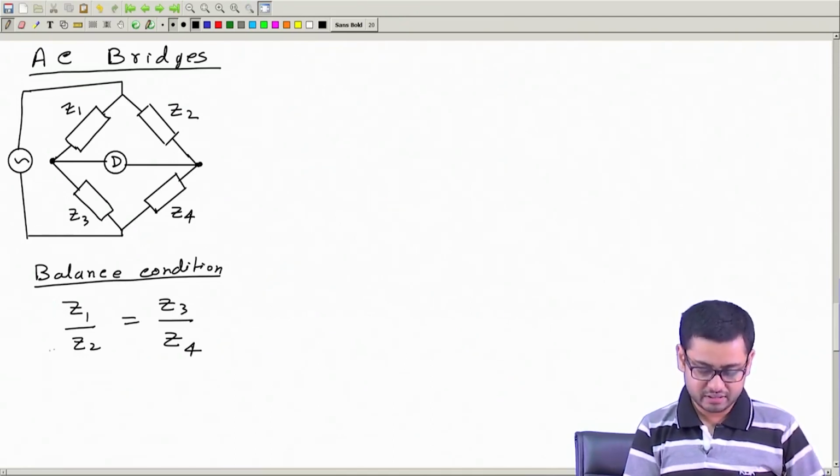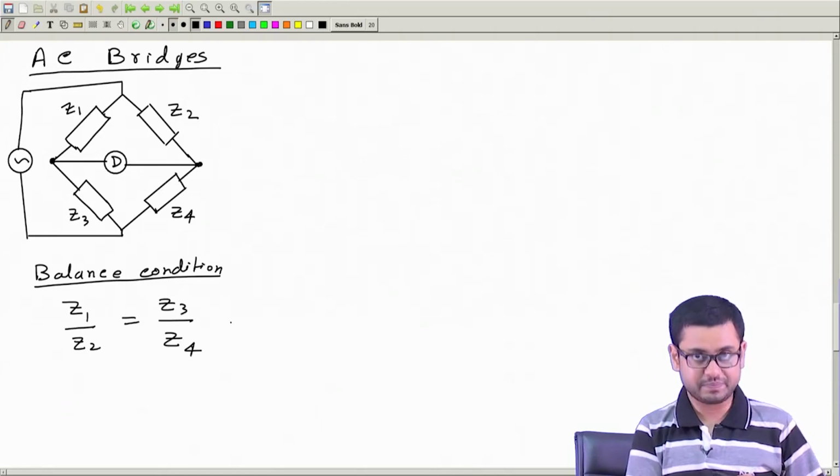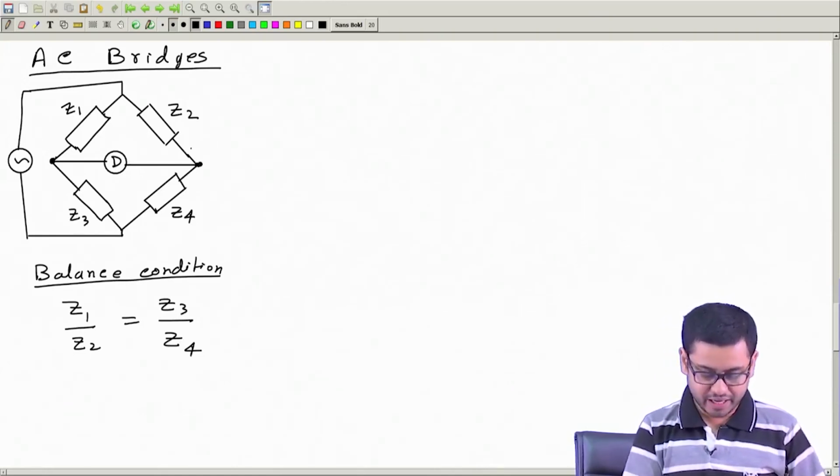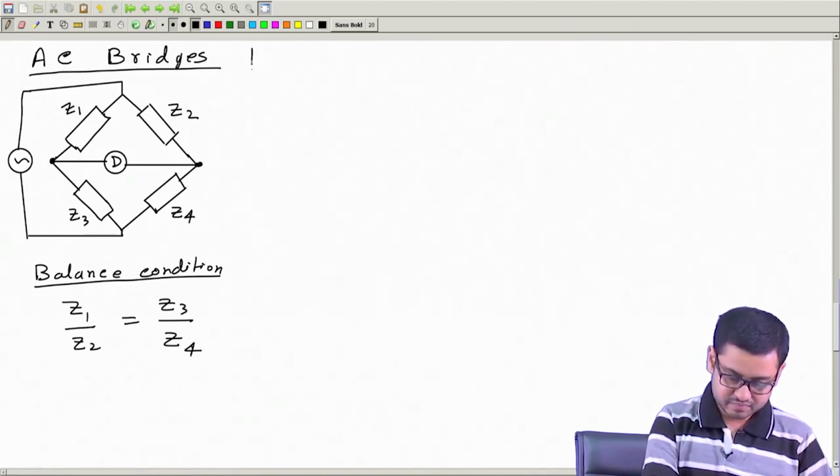Now, it is general impedance instead of general resistance. And how do we obtain this balance condition? Once again, it is very simple to derive.